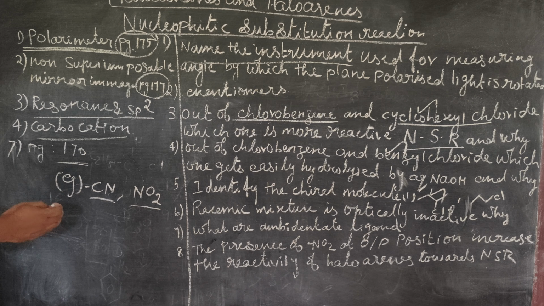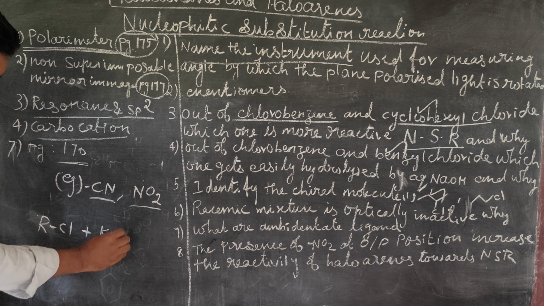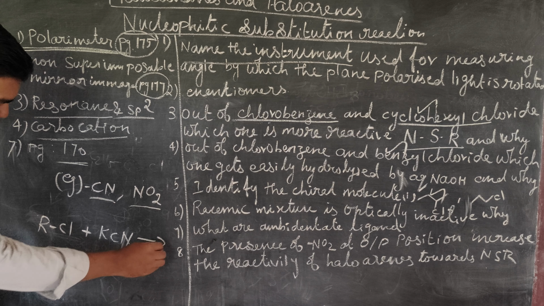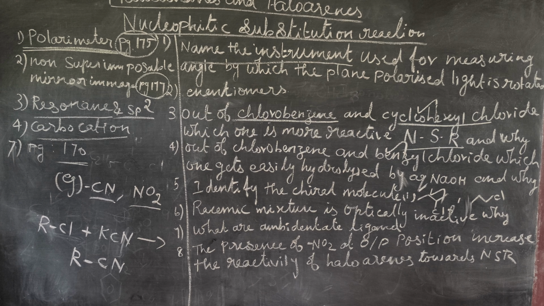Suppose for example we react RCl plus KCN. Now you see the bond forms RCN, alkyl cyanide.